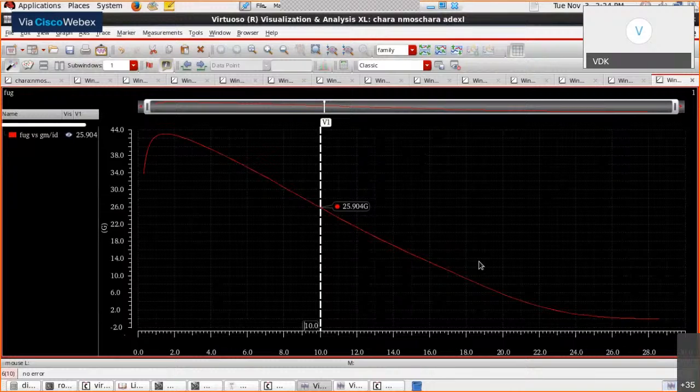The maximum bandwidth I get at unity gain will always be much smaller than the FT of the transistor, as explained in the previous session. What I find is that FT of the transistor is large enough, almost 26 gigahertz.